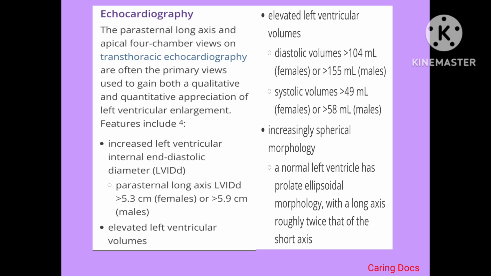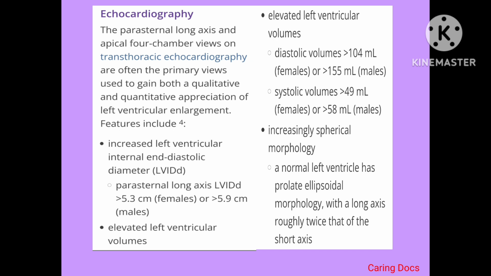And also there will be elevated left ventricular volumes, diastolic volume more than 100 ml in females or more than 155 ml in males, and systolic volumes more than 49 ml in females, more than 58 ml in males, and there is increasingly spherical morphology.